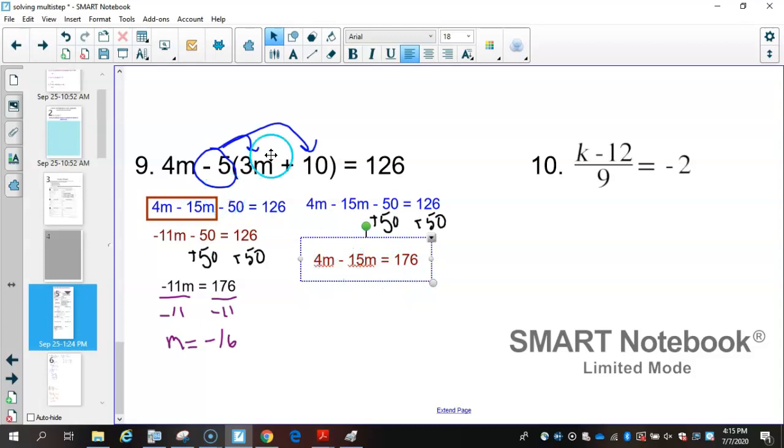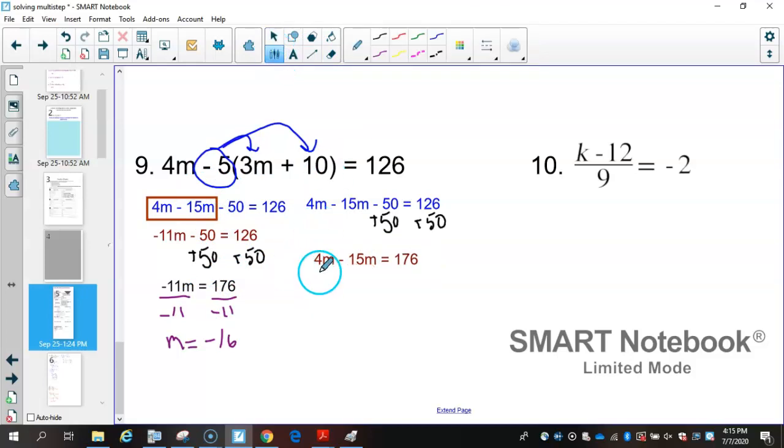But once you combine those like terms and you get negative 11m, you'll end up right back here. So combining like terms is not a necessary first step. Just wanted you to keep that in mind.